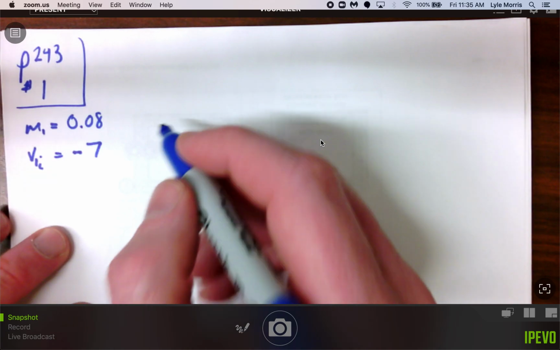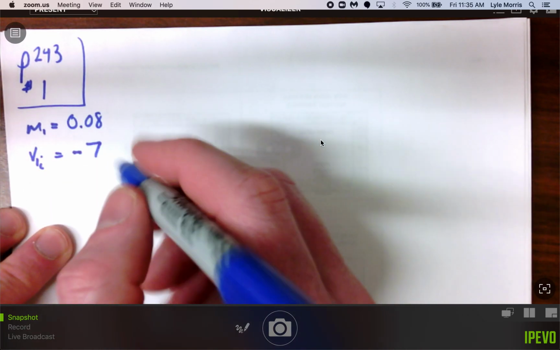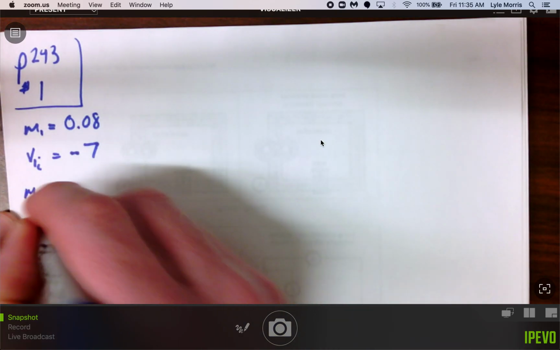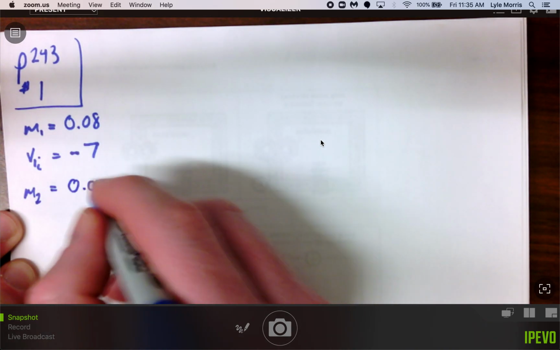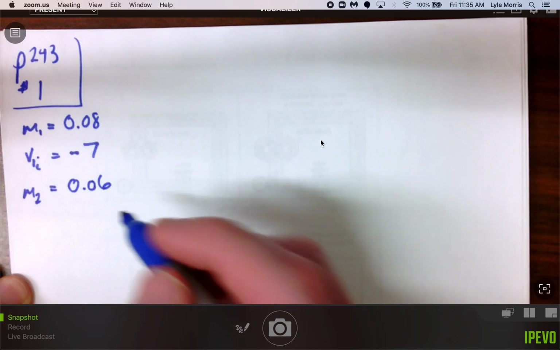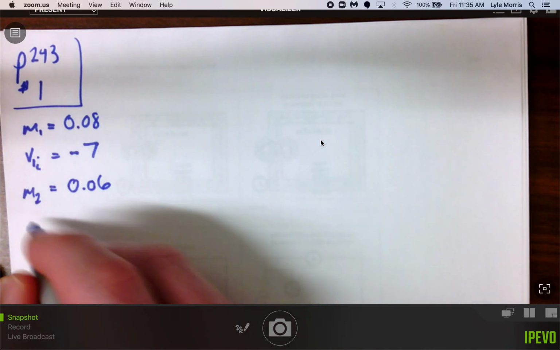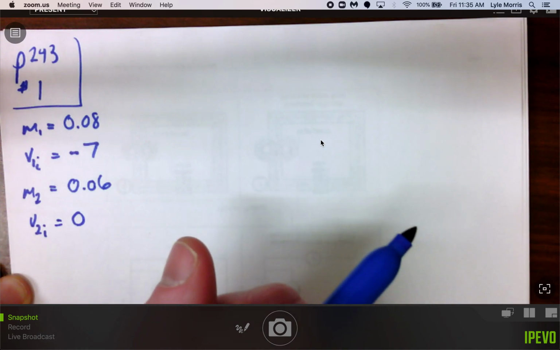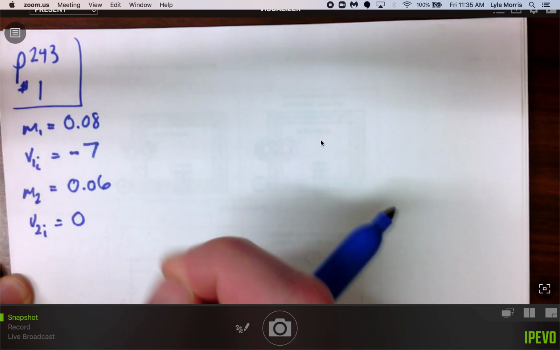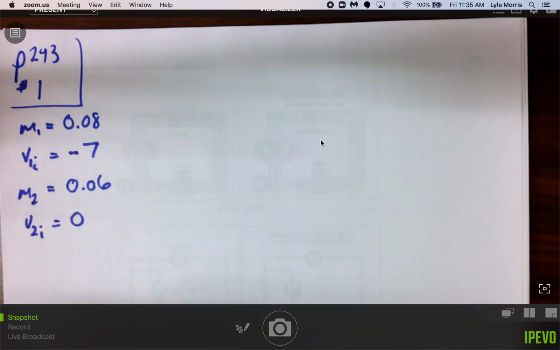It undergoes a head-on elastic collision with a stationary ball of mass 60, 0.06. It's stationary, so V2 initial equals 0. Calculate the velocity of each ball after the collision.